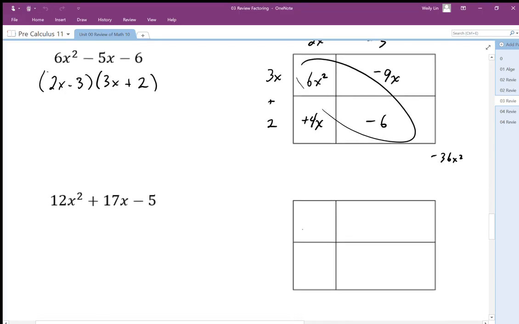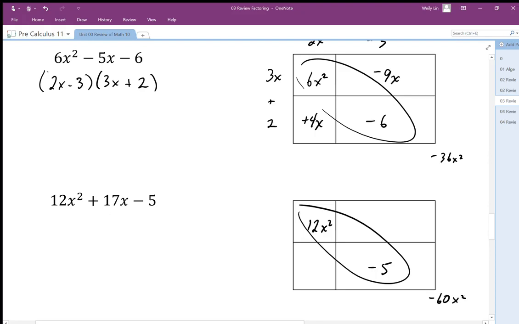So 12x squared here. Just a reminder, you should really always check for greatest common factor first. So here the greatest common factor, there is none, so I'm going to start factoring. So this is 12x squared. This is negative 5. I know my diagonal product is going to be negative 60x squared.